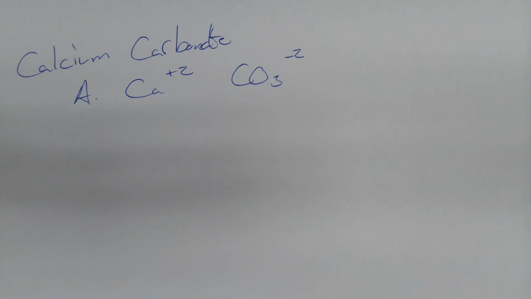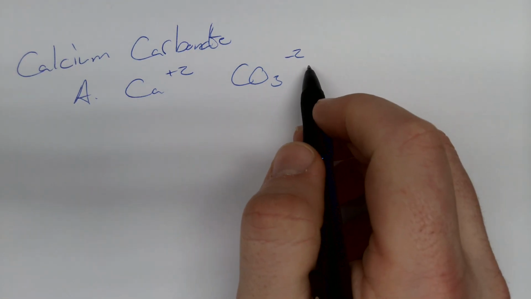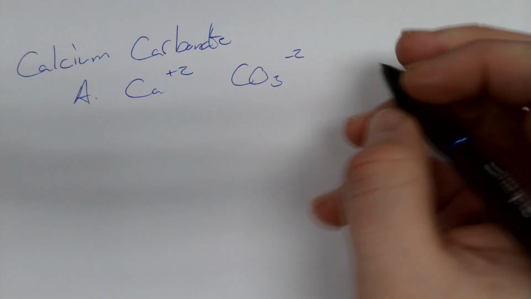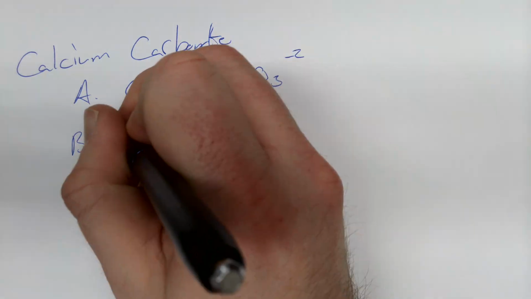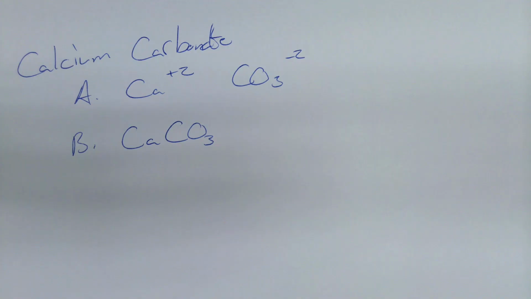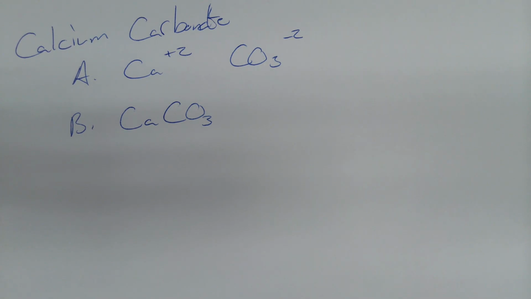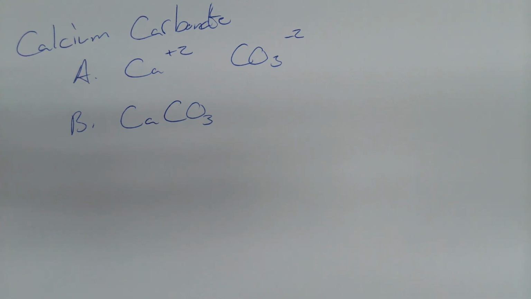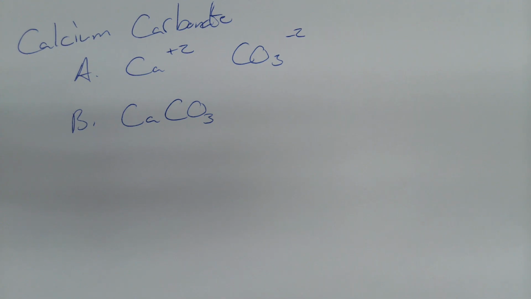Question to you, do my charges cancel each other out? Yeah. Plus 2 minus 2 equals 0. So that means my formula is just CaCO3. No need for parentheses. If I only have one, I don't need parentheses. If I have more than one, I have to have the parentheses.